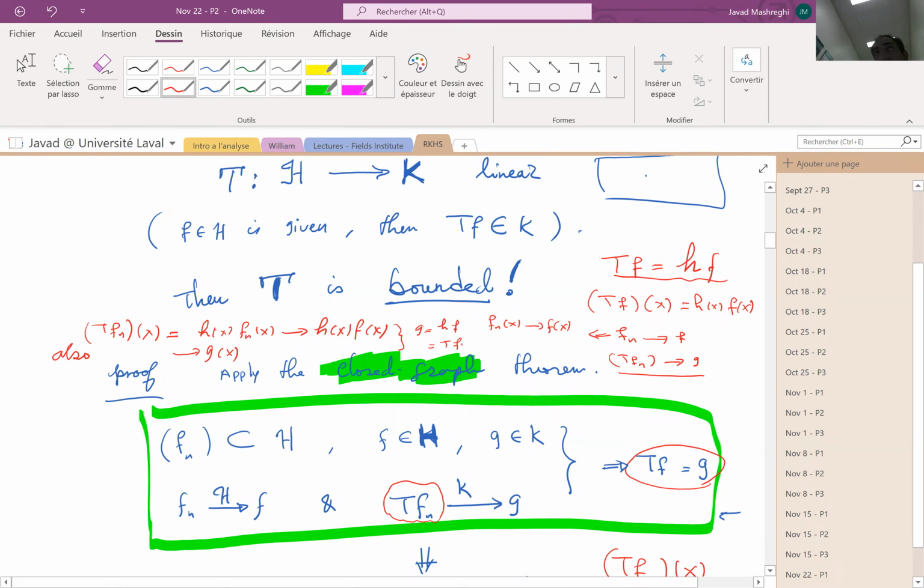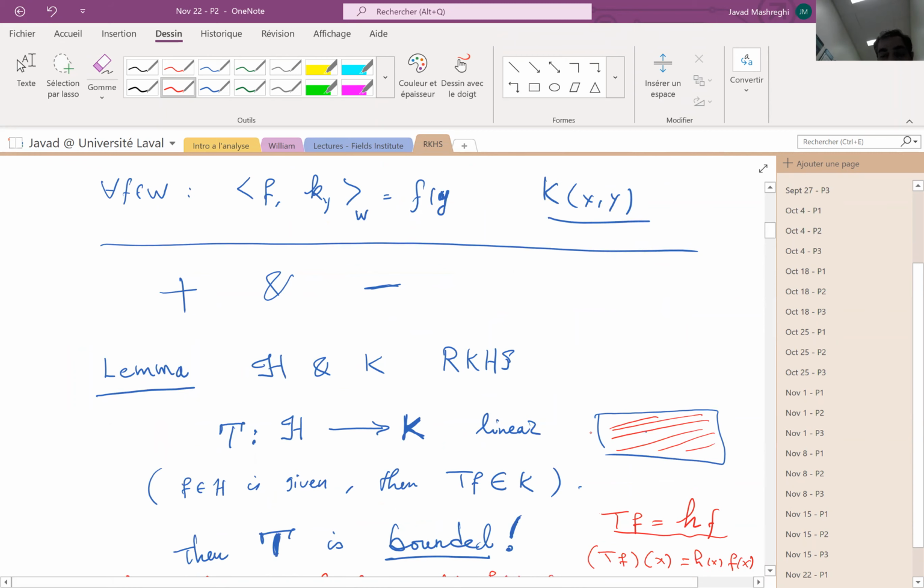In this general setting, which I mentioned here, the thing I forgot is to somehow connect Tf to f.